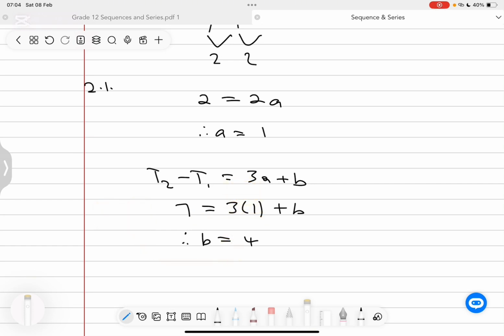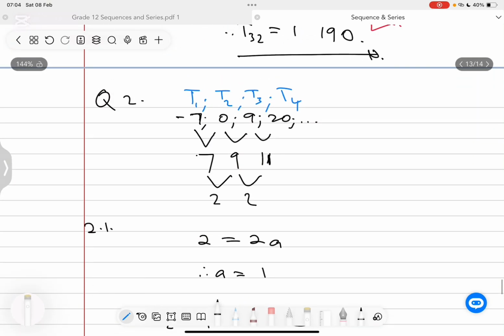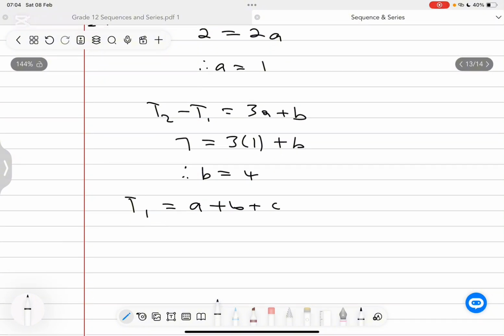We also know that the first term in a quadratic sequence is always defined as a plus b plus c. And our first term in this sequence is actually minus 7. So minus 7 is equal to a, which we said is 1, plus b, which we just said is 4.